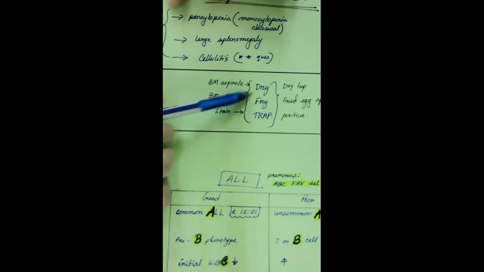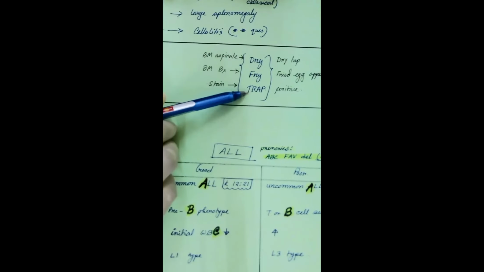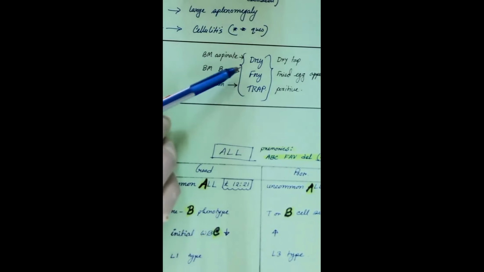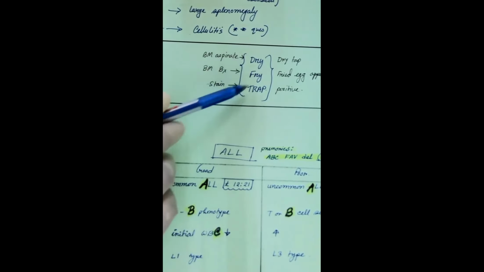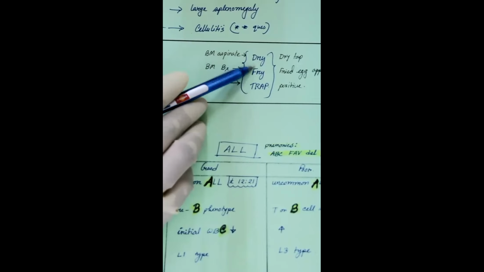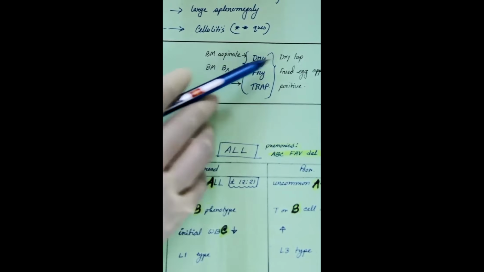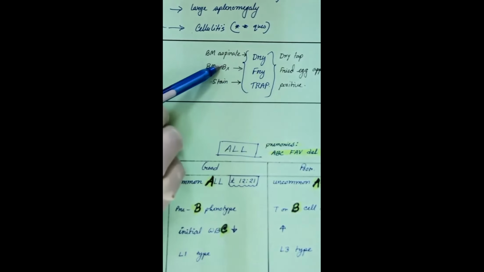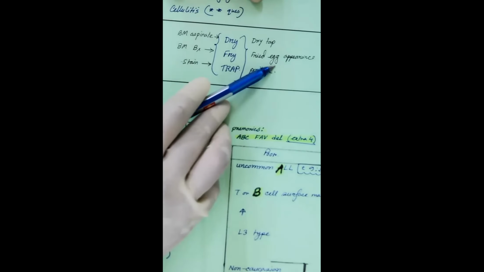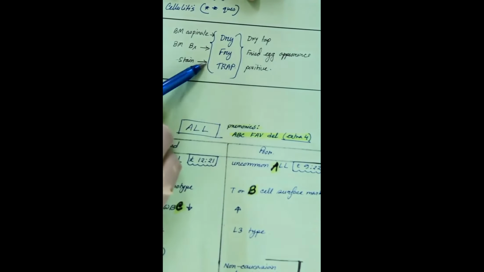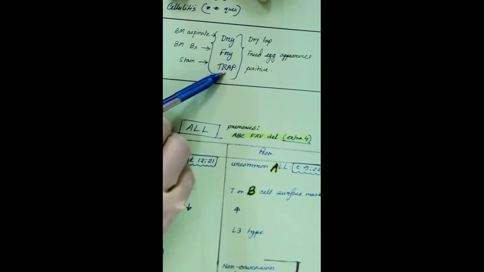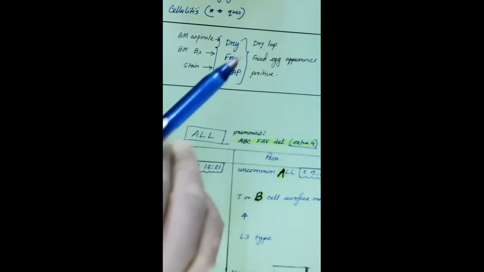You will get one of these keywords in your question: dry, fry, trap. What is dry? If you aspirate the bone marrow, you will get a dry tap. If you do the biopsy, you will get the fried egg appearance. If you do the staining, you will get the TRAP staining. So dry, fry, trap. This is our mnemonic.